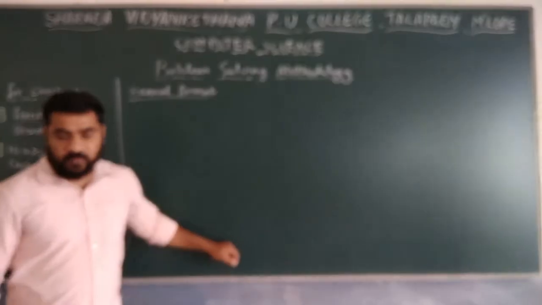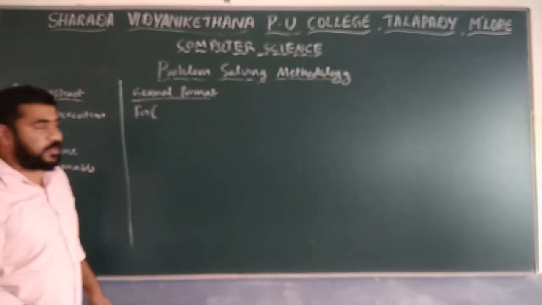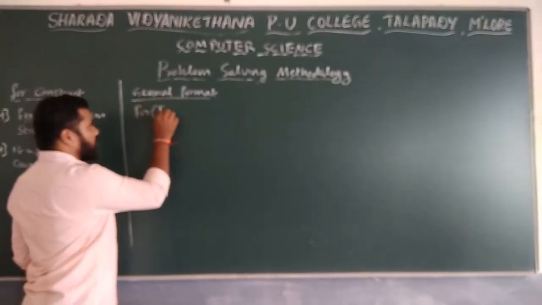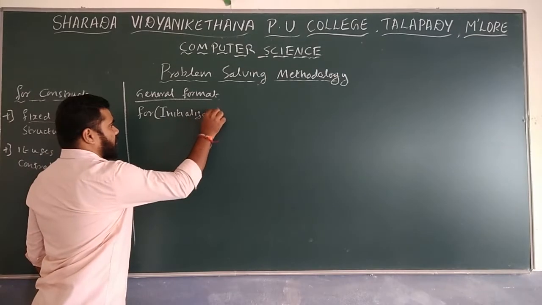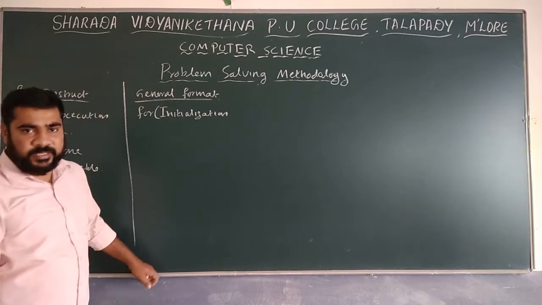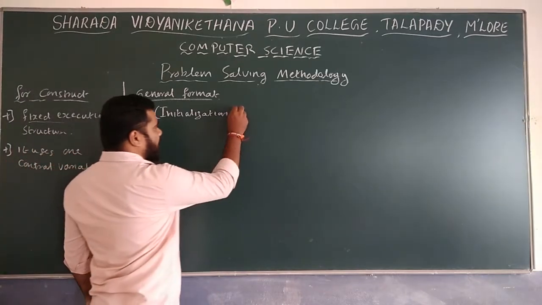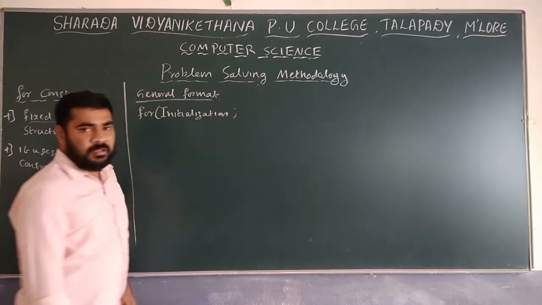Then we will move to the general format. If you are going to write the general format, the first thing we have to write is for. After for, there are 3 operations that we perform. I write the 3 operations. The first one is initialization. After that, a semicolon, remember.